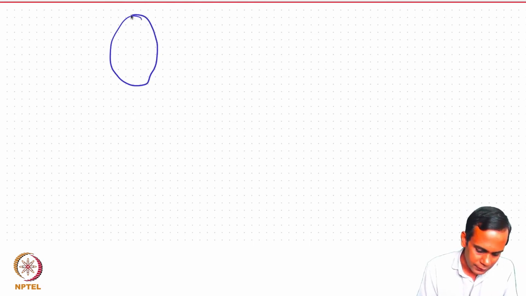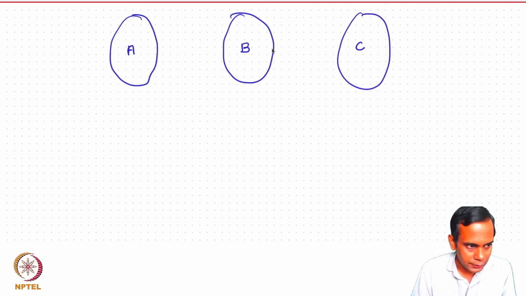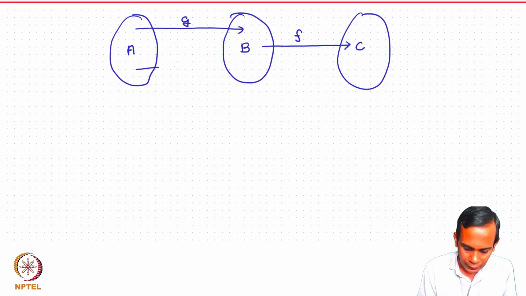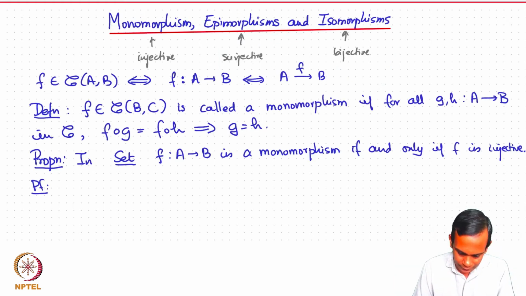We have a set A, a set B, and a set C, and we have this morphism or function f from B to C. And we have two functions, g and h from A to B. We need to show that if f circle g is equal to f circle h, then for all g and h, then f is injective. And conversely, if f is injective, then for all g and h.